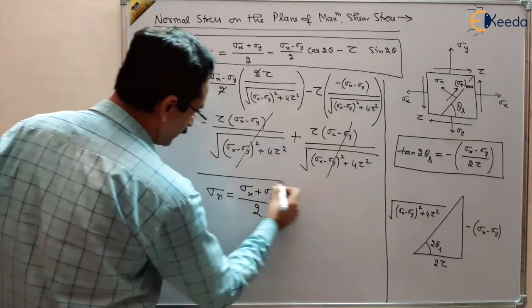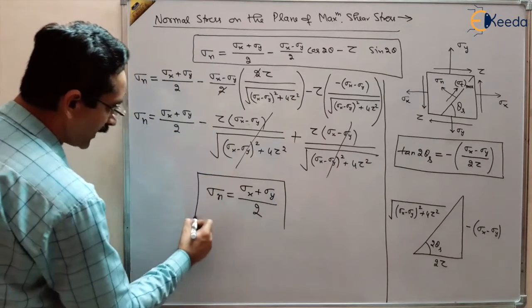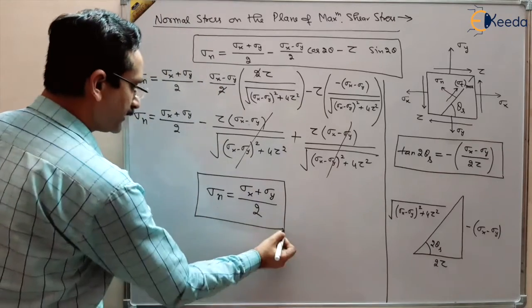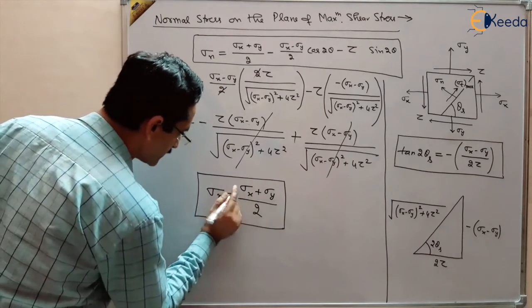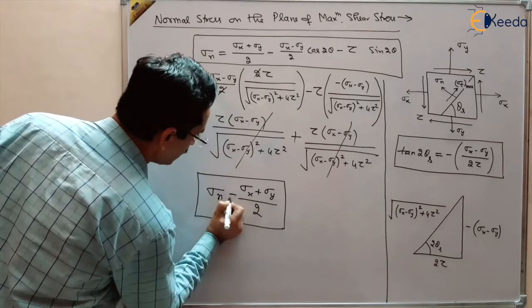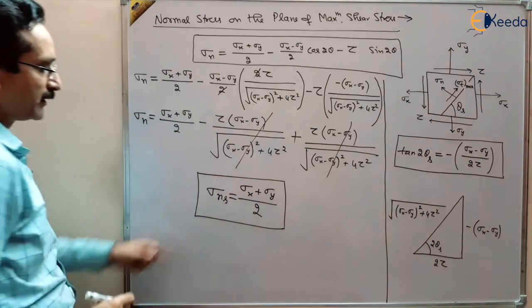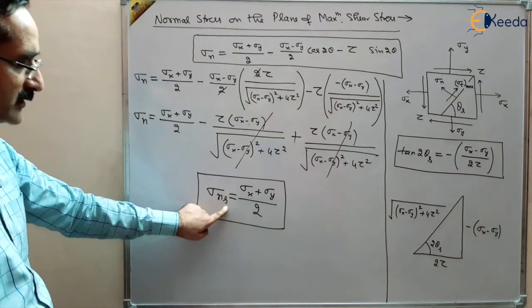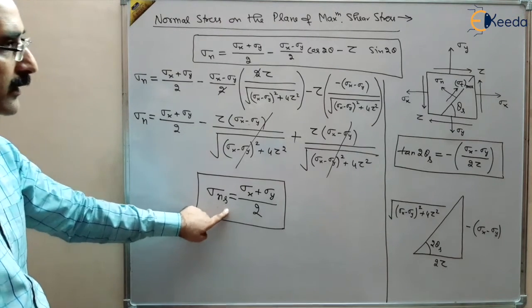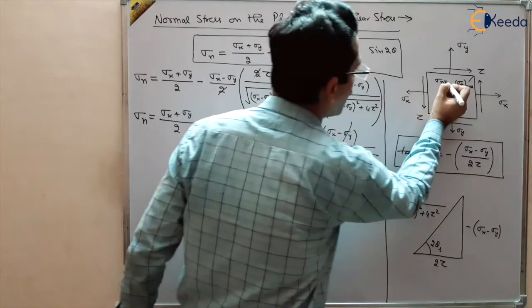So this is the normal stress on the plane of maximum shear stress, and let us give this normal stress a name so that it can be easily understood. This is sigma ns, the normal stress at the plane of maximum shear stress. Sigma ns I am writing here, so here also I am writing sigma ns.